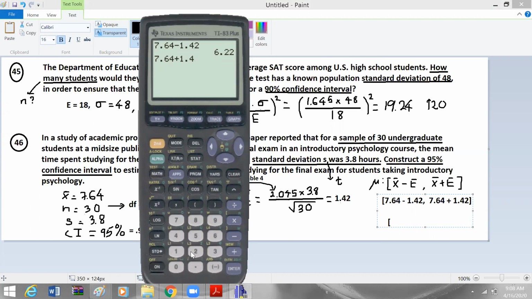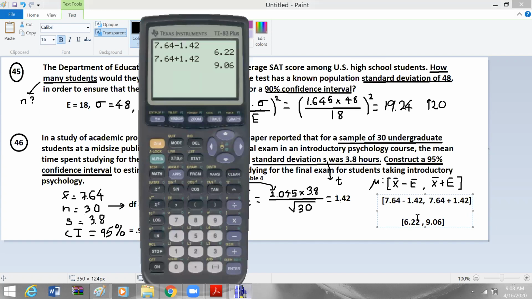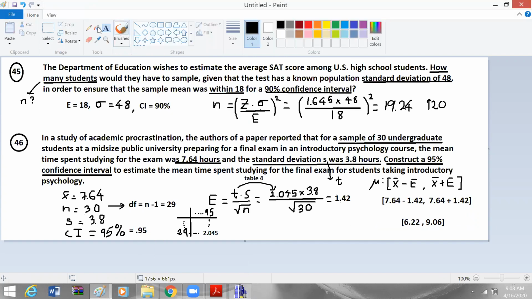They're basically two calculations, giving 6.22 and 9.06. So this is the range for the population mean.